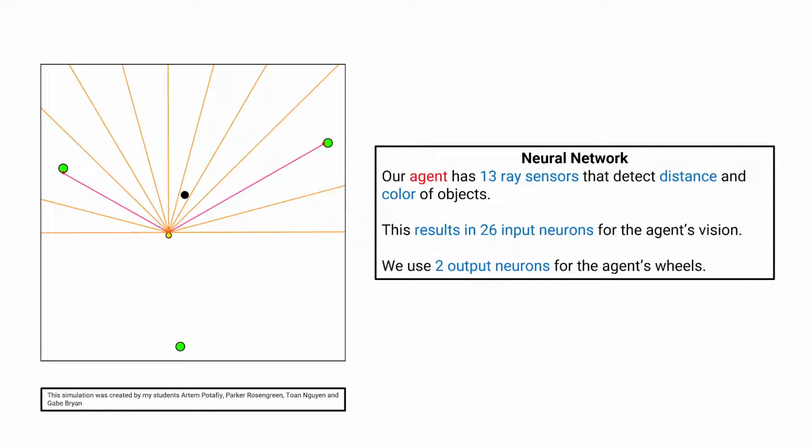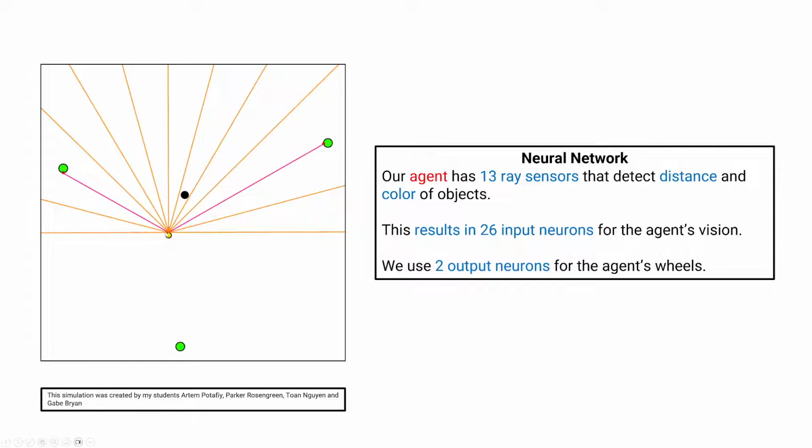And then to give our agents a little bit more information about what they're seeing, we're also going to give them a second piece of information for each of these rays, which is the color of the object that they see. For our neural networks, we have decided that what the robot sees is the colors orange and pink, while we see a green piece of food and maybe a black wall.